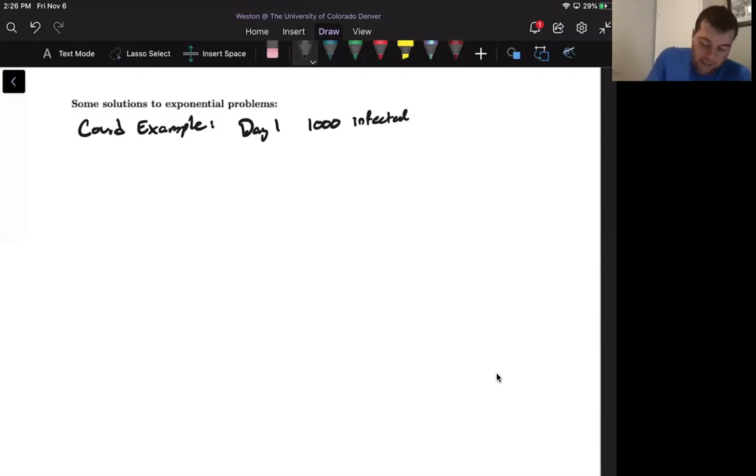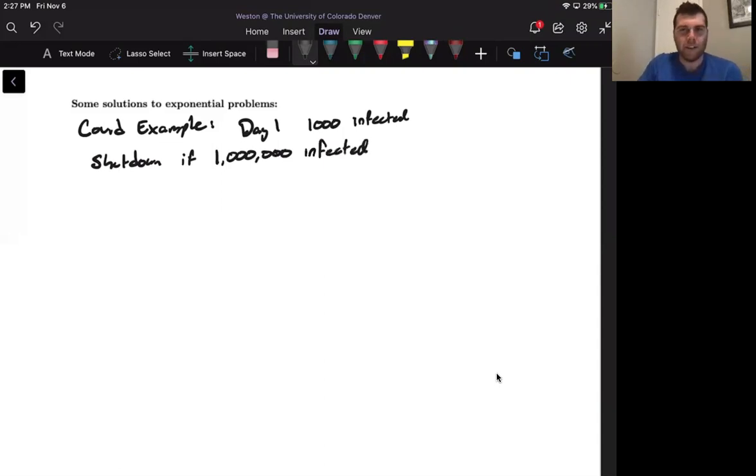And there will be a shutdown if, let's say, 1,000,000 people are infected. So this would be in some state large enough where 1,000,000 people is a significant amount, but maybe not that significant. Like, I don't know, New York, 1,000,000 people are infected, you probably shut it down in an instant.